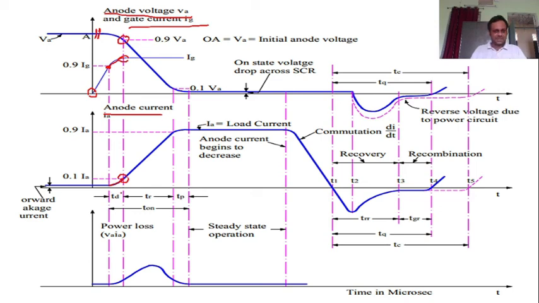So this time, which starts from 90% of the gate current or forward leakage current to 10% of the anode current, is called the delay time. The time required to achieve 10% of the anode current from the forward leakage current is called the delay time.